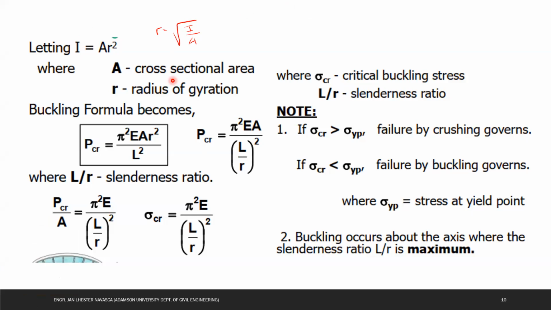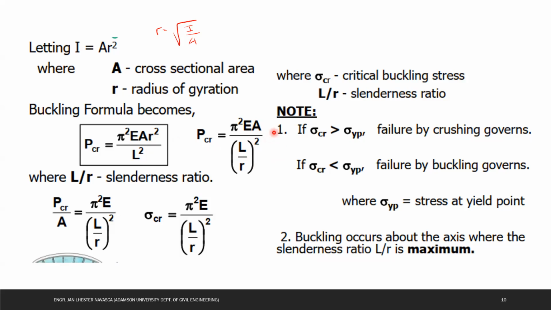Then the buckling formula becomes pi squared E A r squared over L squared. Rearranging and using L over r, we have pi squared E A over (L over r) squared.